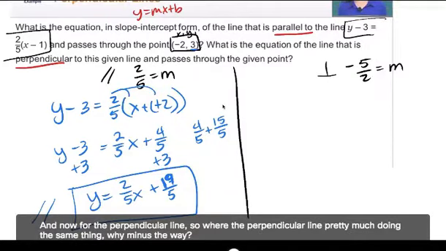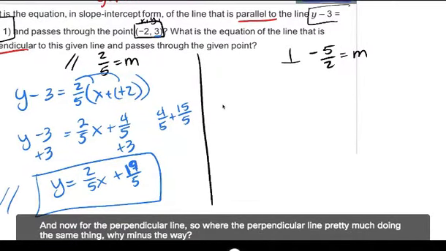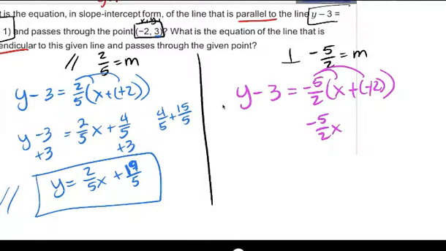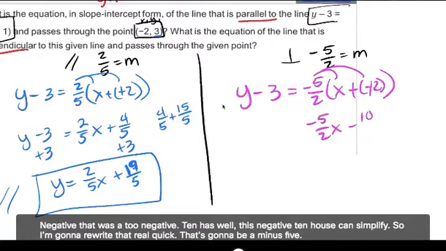And now for the perpendicular line. Pretty much doing the same thing, y minus the y1. The difference here is the slope. Minus and minus make that plus. We're going to distribute: negative 5/2 x, negative, that was a 2, right?